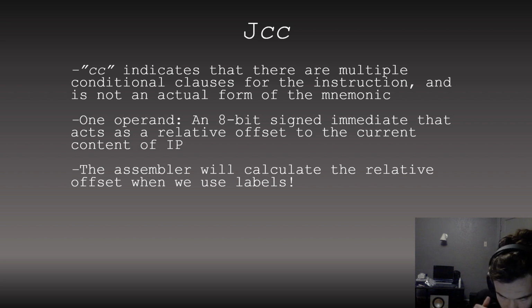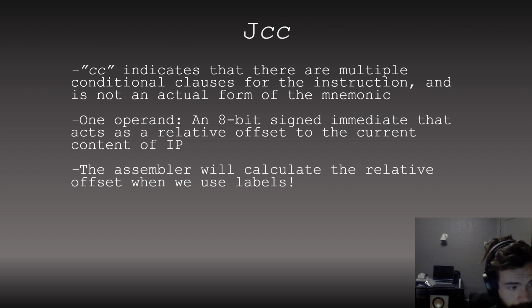The next instruction is the jump instructions, plural. That's CC behind the J, which means that there are multiple clauses for this instruction. JCC isn't an actual mnemonic. It's just saying there's a bunch of different jumps, which I have a table of in the next slide.